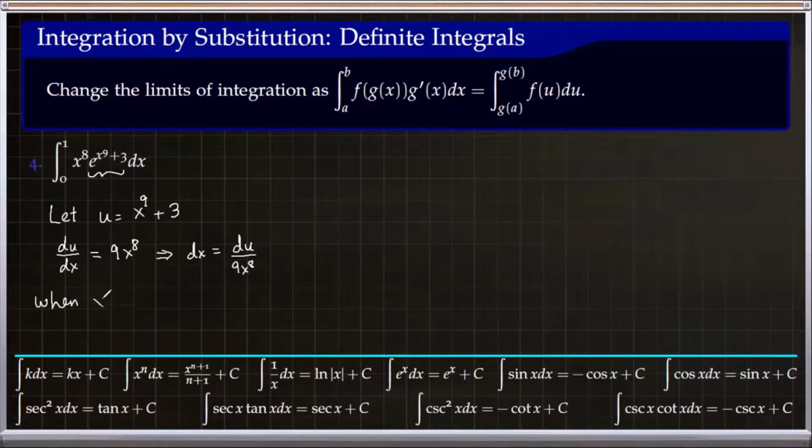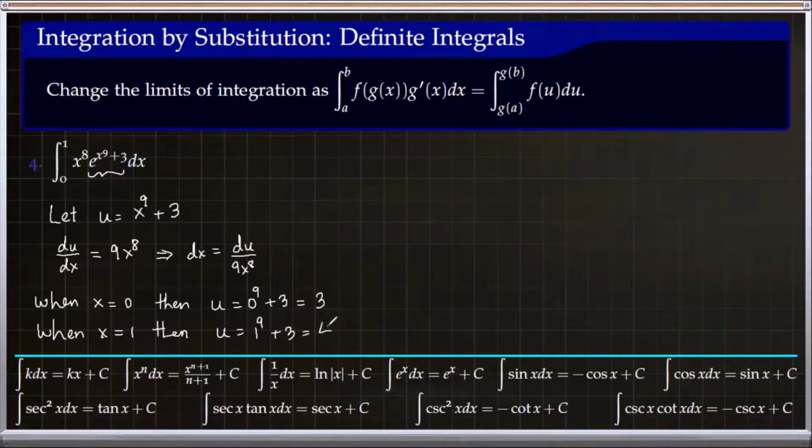So when x equals 0, which is the lower limit for x, then u equals 0 to 9 plus 3, which is simply 3. And similarly, when x equals 1, then u equals 1 to 9 plus 3, which is 4. So these will be our new limits of integration.